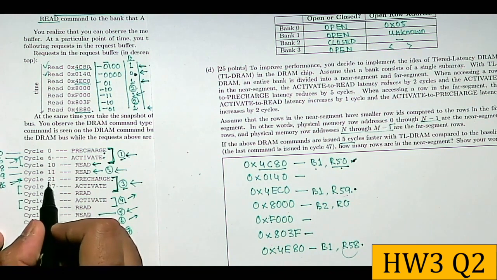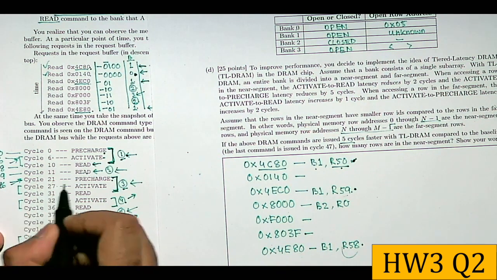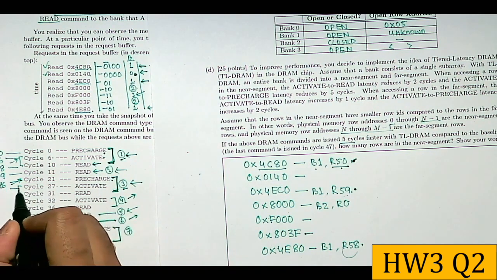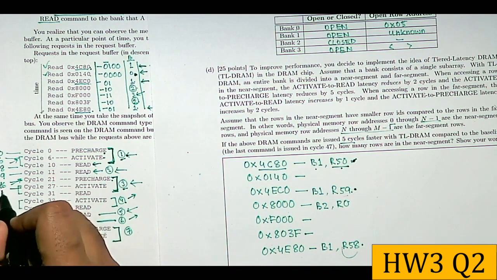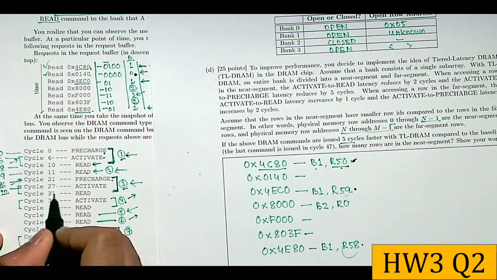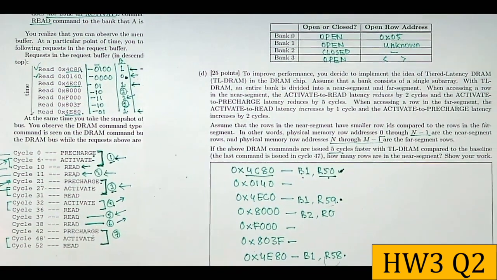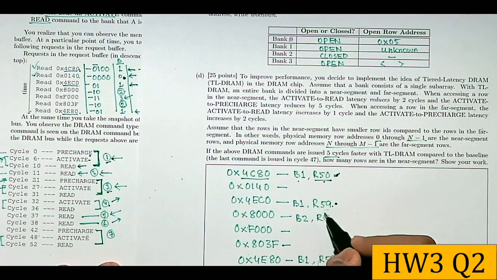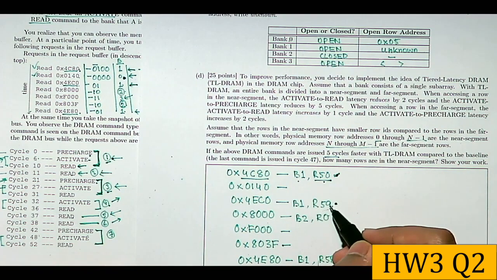So now if we can get it done at 16, then pre-charge to activate is always the same. There is no benefit in TL-DRAM. So this timeline actually went to 22. That's 6 cycles, right? And then activate to read. Now consider this. Currently you are at R59, which is a fast segment.